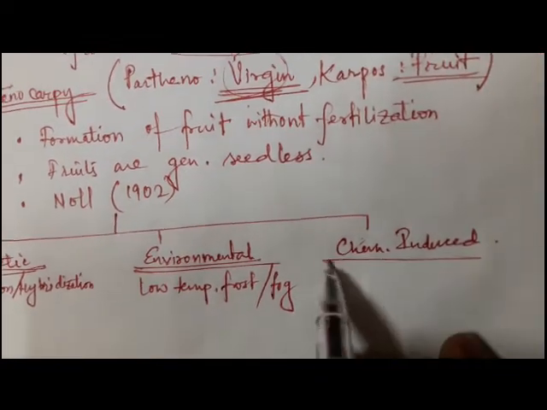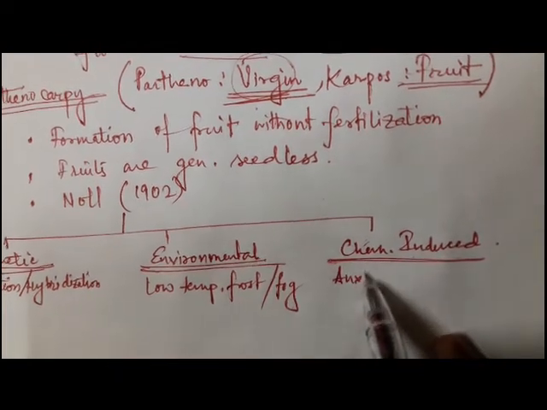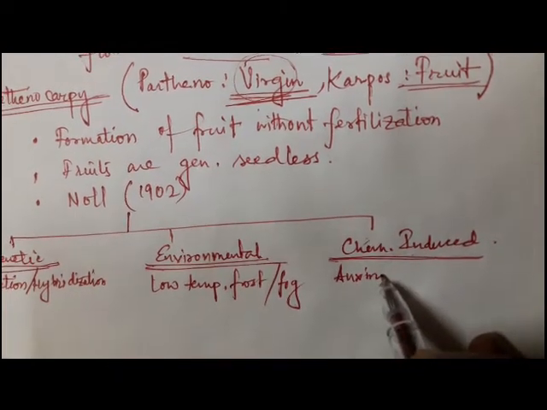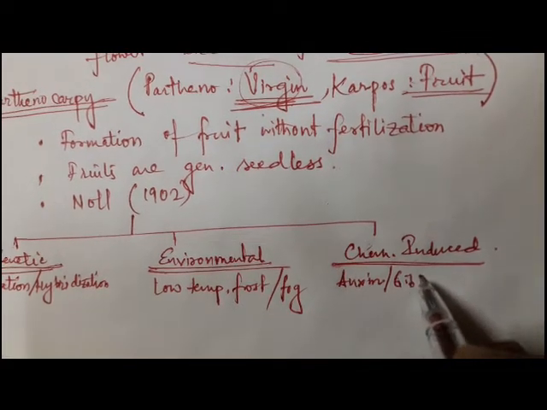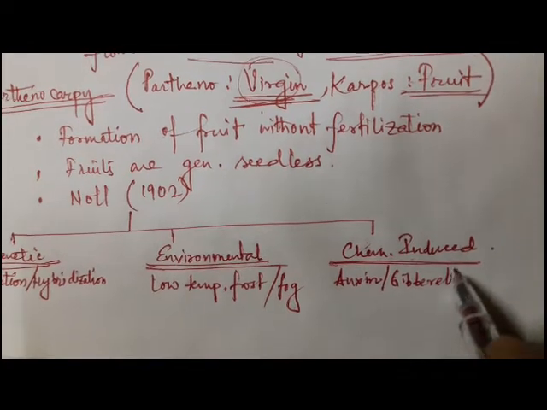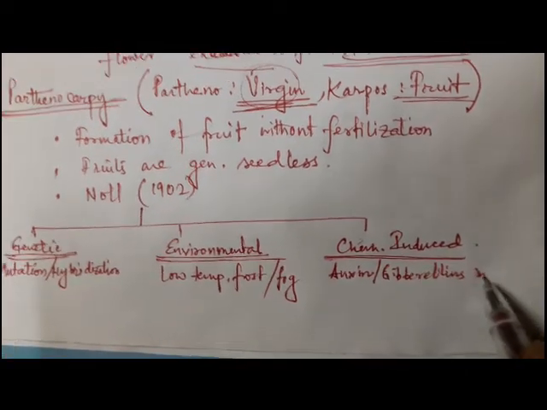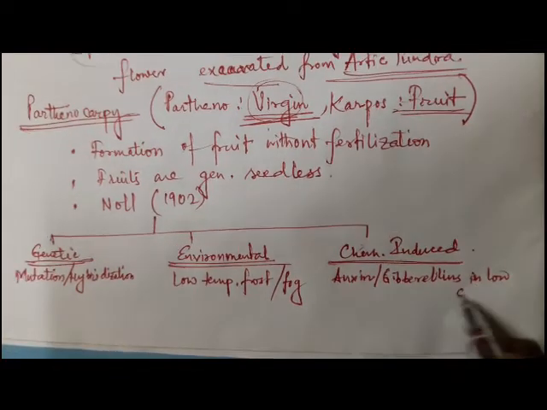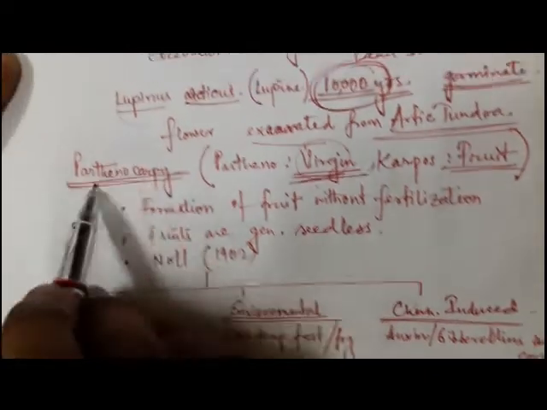In case of the chemically induced way, it is actually due to auxin hormones, auxin, then gibberellins, right? If they are applied in low concentration, then it can end up in parthenocarpy.